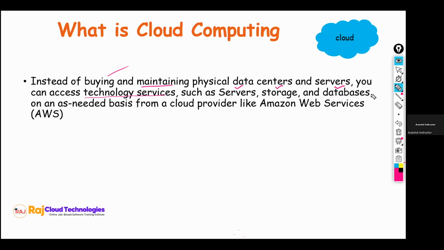Means whatever infrastructure you need, you will get on an as-needed basis. Whenever you have the requirement, you will get the services from a cloud provider like Amazon Web Services, the AWS platform.